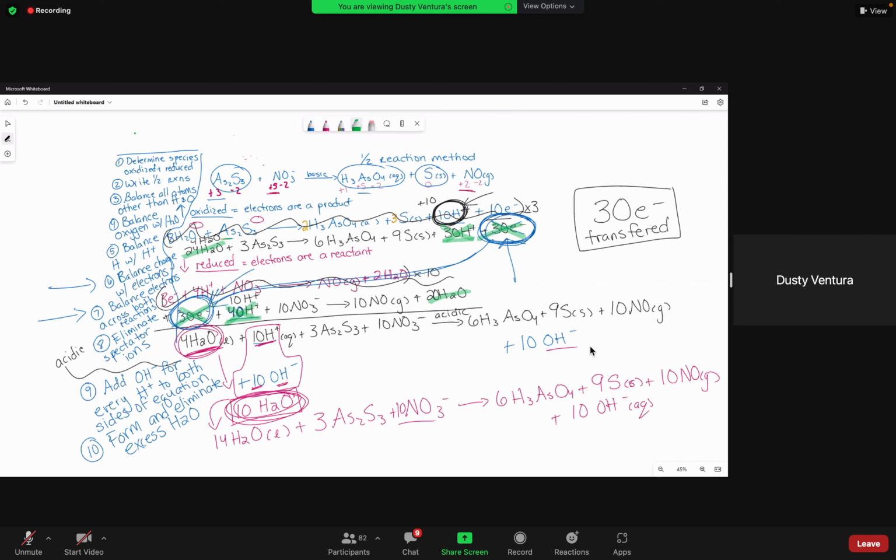And on the right, I had 6. So on the left, I had this many, 8 times 2 is 16 hydrogen. And on the right, I had 2 times 3, which is 6 hydrogen. And that's why I needed 10. I see. Okay, thank you. You're welcome.